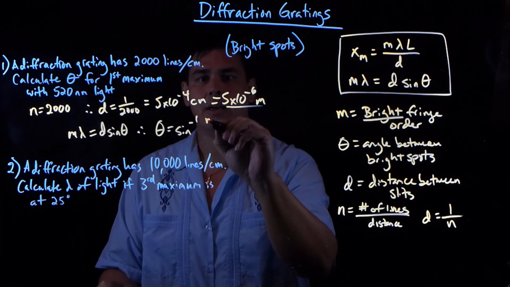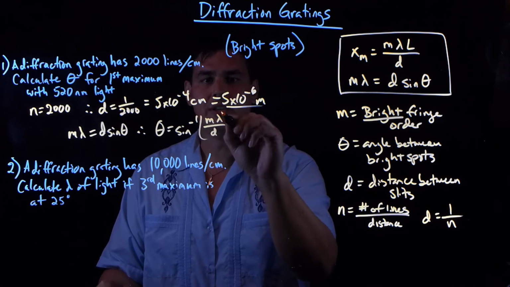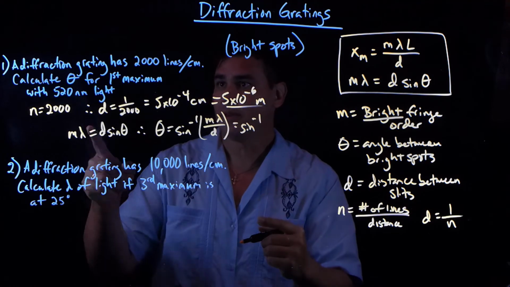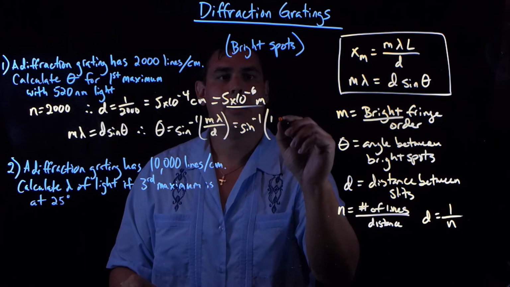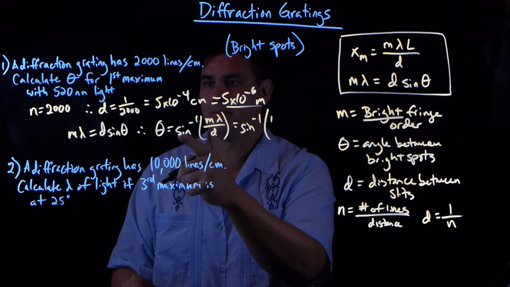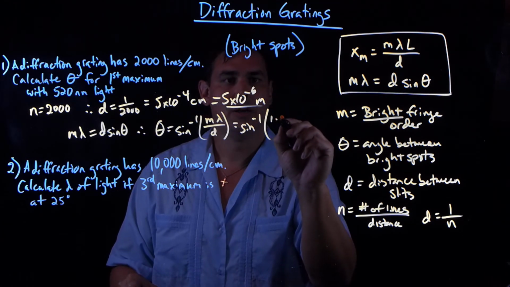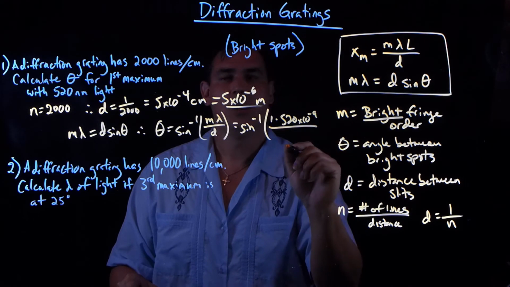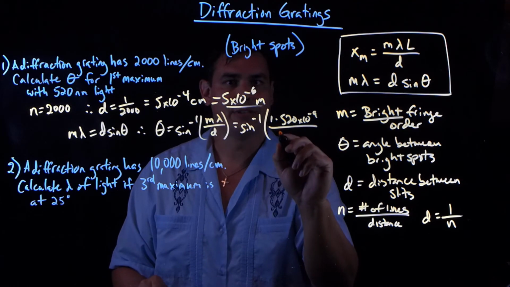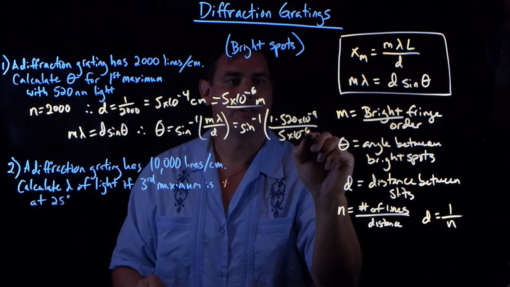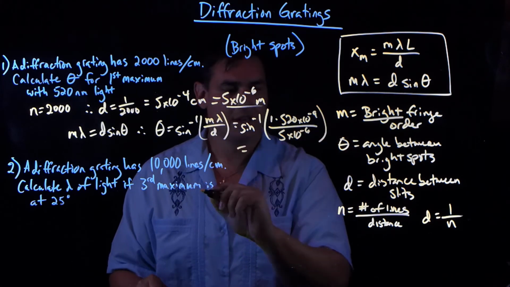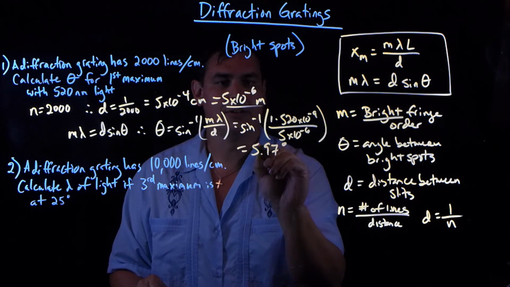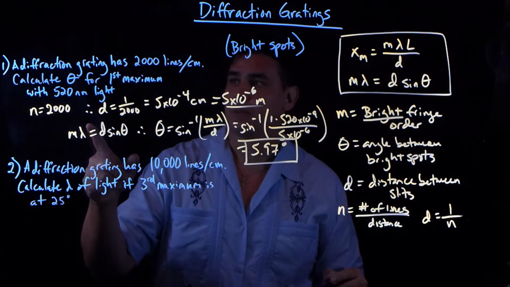So that's the inverse sine of m is going to be 1, and my wavelength of light is going to be 520 times 10 to the minus 9 over d, which is 5 times 10 to the minus 6th. And so if I do this, you should end up with 5.97 degrees as the angle between those two.